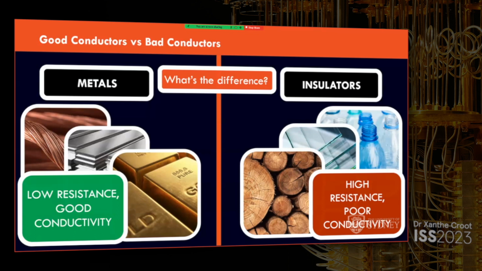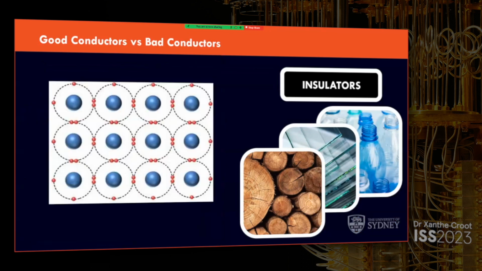Up the back. Free valence electrons. Excellent, yes, perfect. So in an insulator, the atoms bond by sharing electrons in covalent bonds, and there are no free electrons in the lattice floating around to conduct electricity.